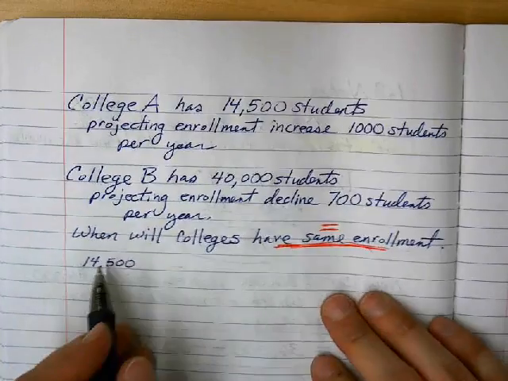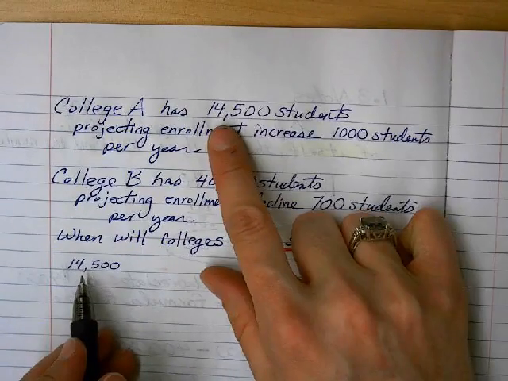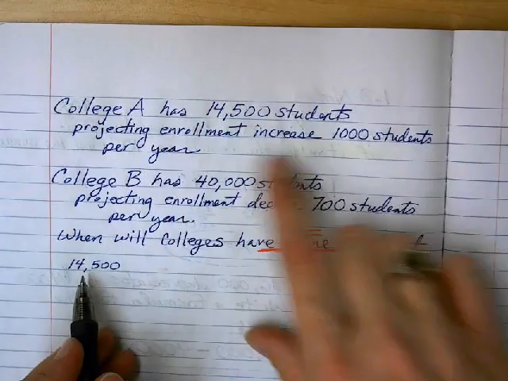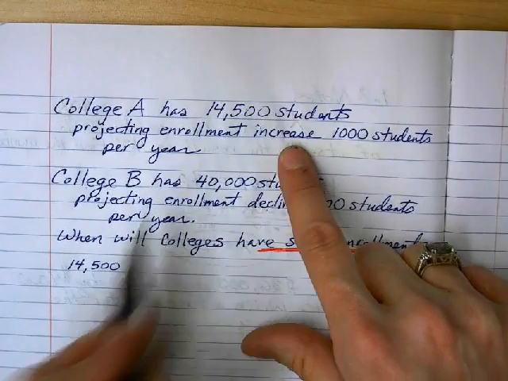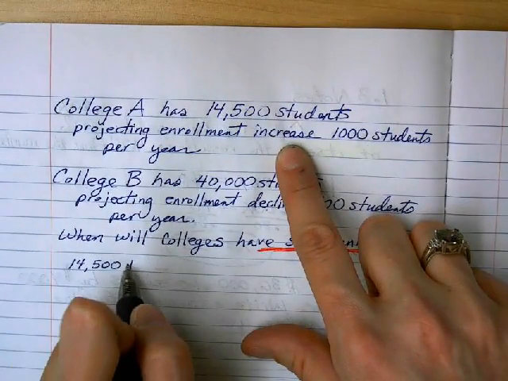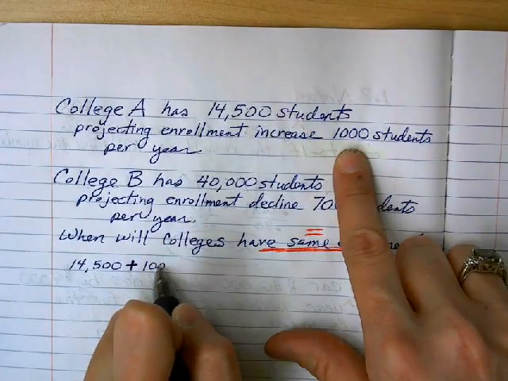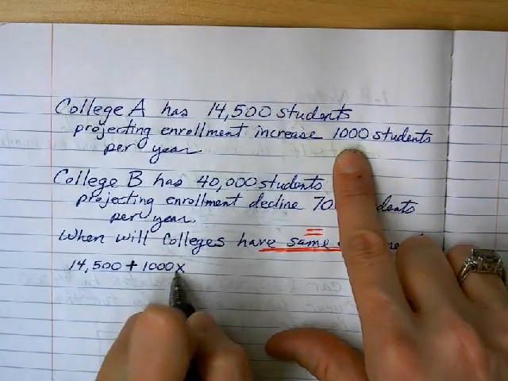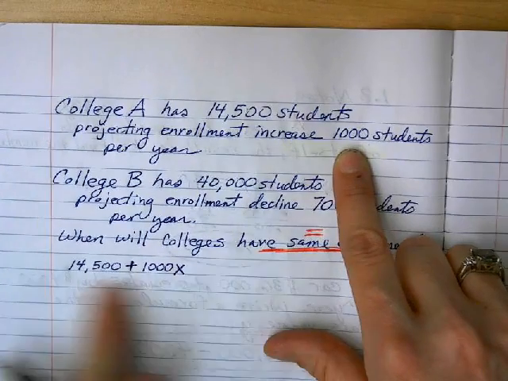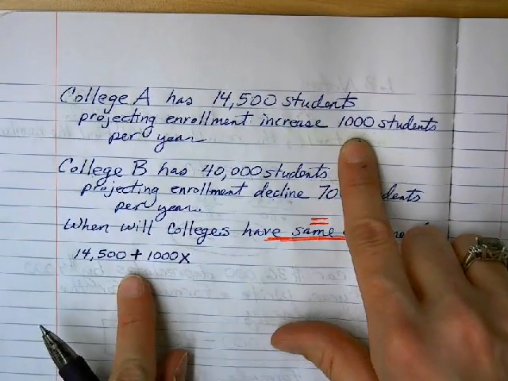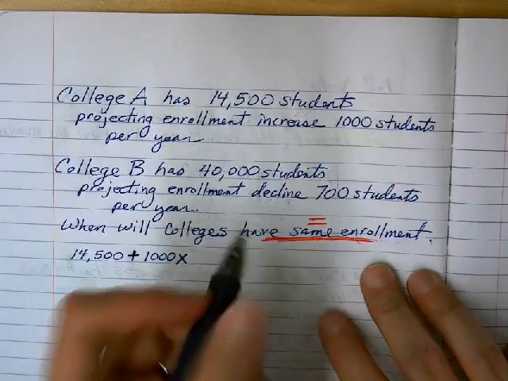So 14,500 in college A, and they think their enrollment's going to increase. So increase would be plus 1,000x, 1,000 each year. That makes sense? And then you want to equal it to the other college.